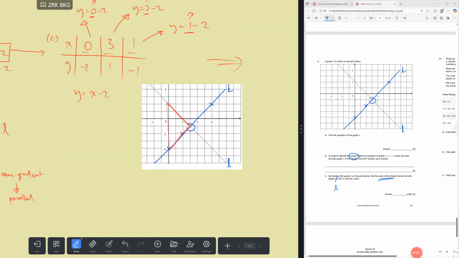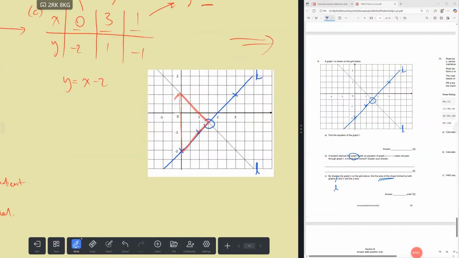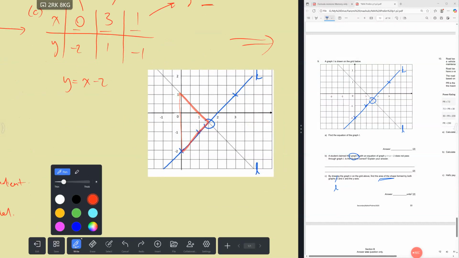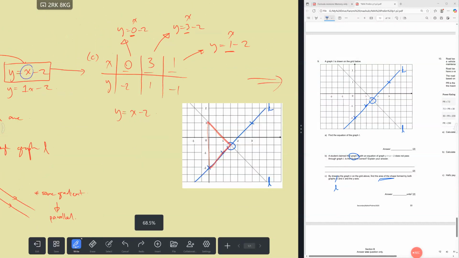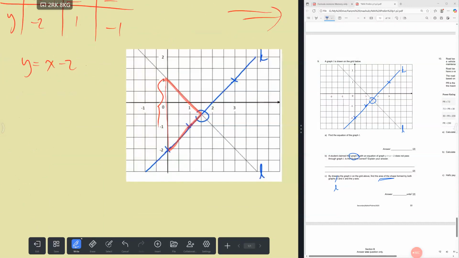The two graphs and the y-axis. So we are going to go very simply using base times height. This is the base and this is the height of the triangle. What is the base?